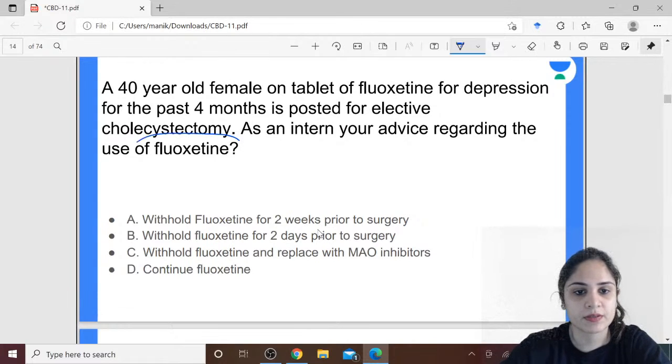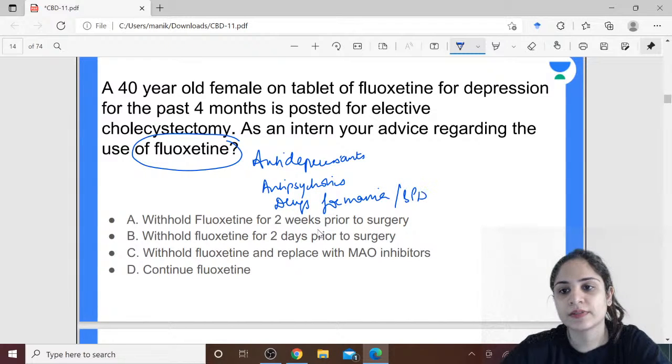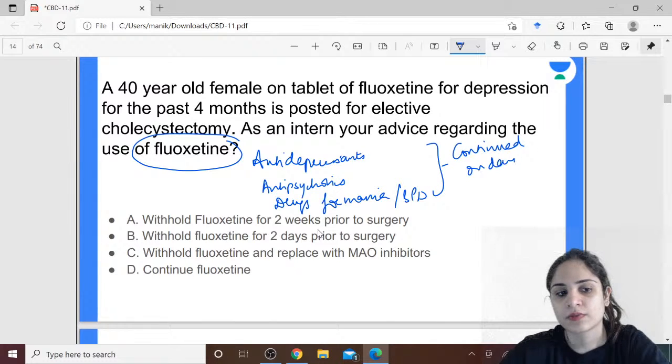Okay, so remember, whenever we are talking about antidepressants, antipsychotics and drugs for mania, or bipolar disorder, all of these agents need to be continued on the day of surgery. Why?